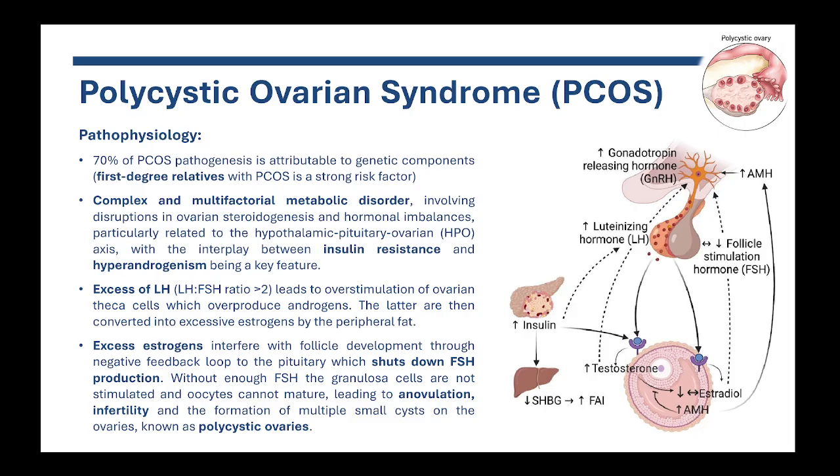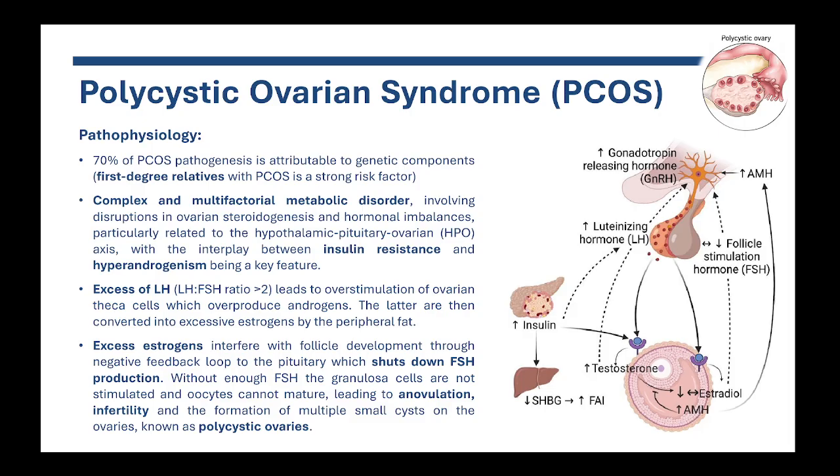Now, an excess estrogen level will interfere with follicle development through a negative feedback loop to the pituitary. And the pituitary will shut down FSH production. So not only is LH increased, but FSH is decreased, right? Which leads to, again, an increase in the LH-FSH ratio.